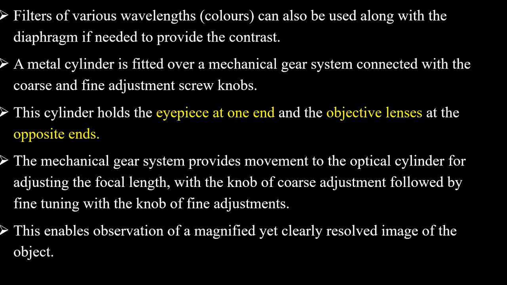The mechanical gear system provides movement to the optical cylinder for adjusting focal length with the knob of the coarse adjustment screw, followed by the fine adjustment, that is fine tuning with the knob of the fine adjustment. This enables observation of the magnified yet clearly resolved image of the object.